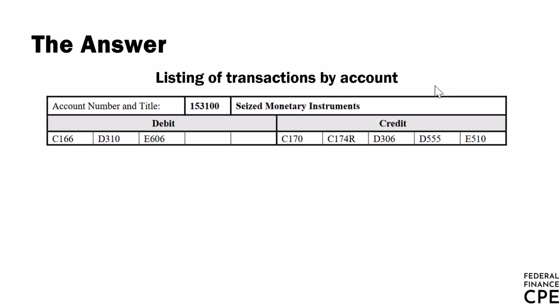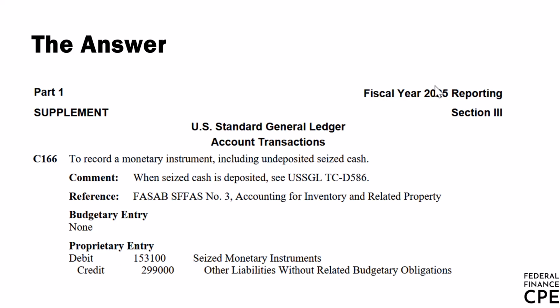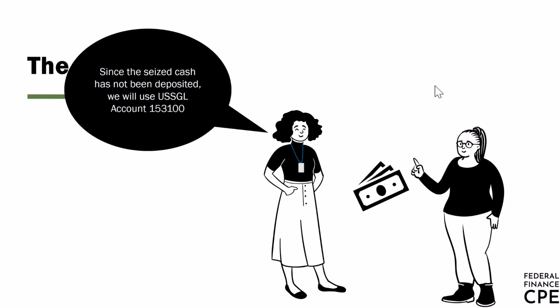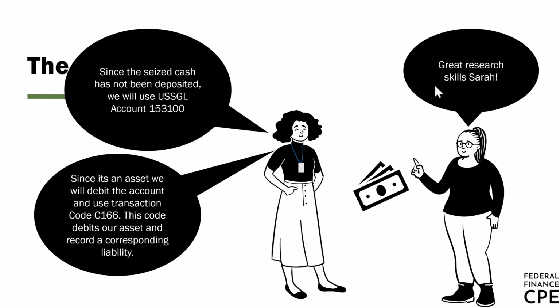We looked up the transaction to see which transaction codes posted a debit, and then we looked them up each, and we determined that the answer was C166, which is record monetary instruments, including undeposited seized cash. So Sarah is able to tell her boss, yeah, we can record our seized cash that's not deposited to USSGL 1531.0, and we can use that transaction code C166. And her boss is forever grateful.